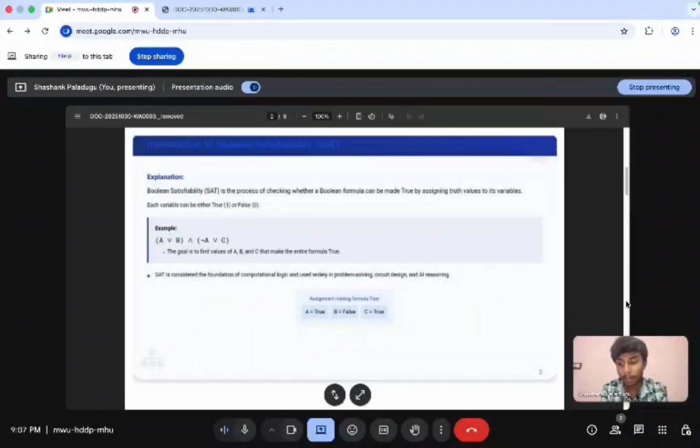SAT is actually the base for many advanced things in computer science, like logic circuits, automated verification. Let's see a small problem here. Just a minute. Here, if I write a problem.